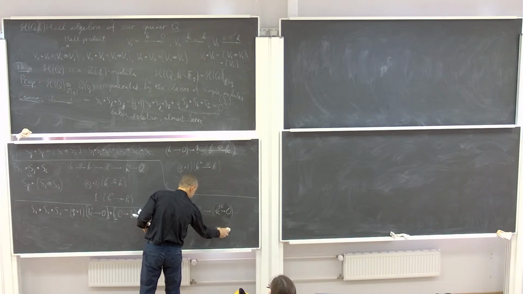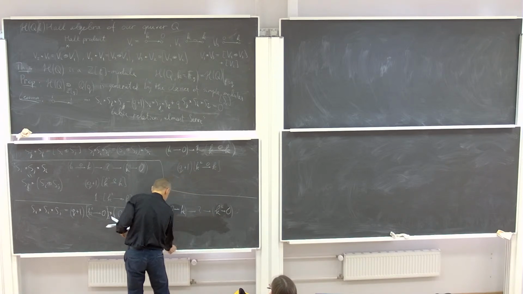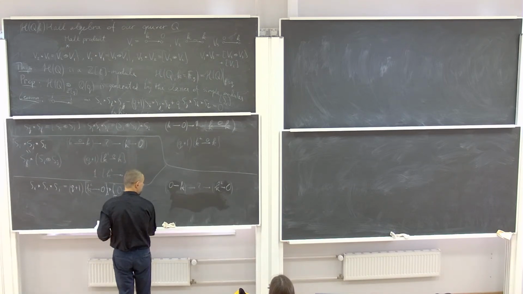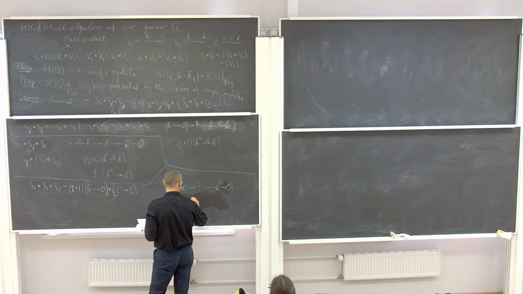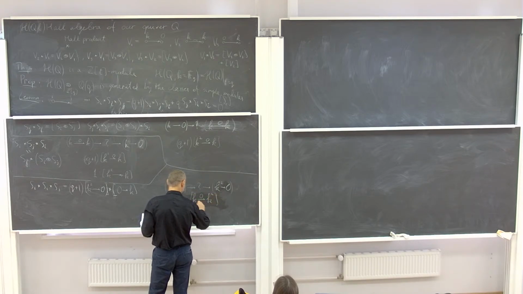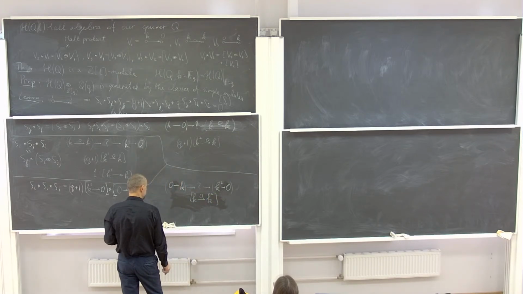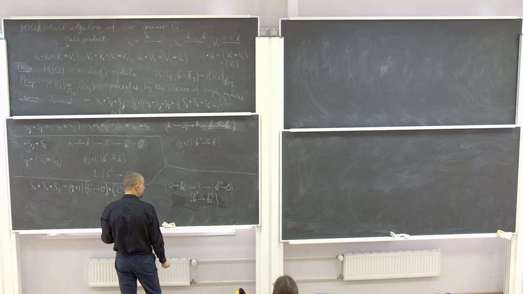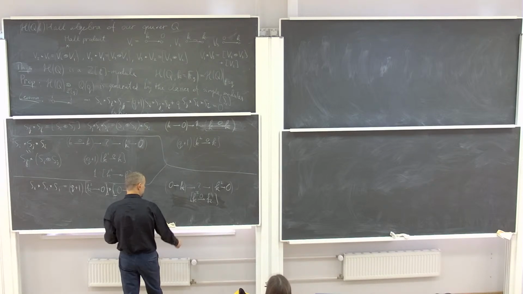Okay, so it can be k goes to 0. What is the coefficient? k squared to k. What is the coefficient? Yeah, the coefficient can be only 1.